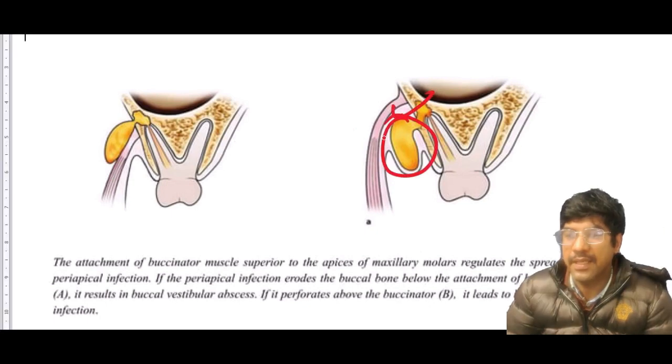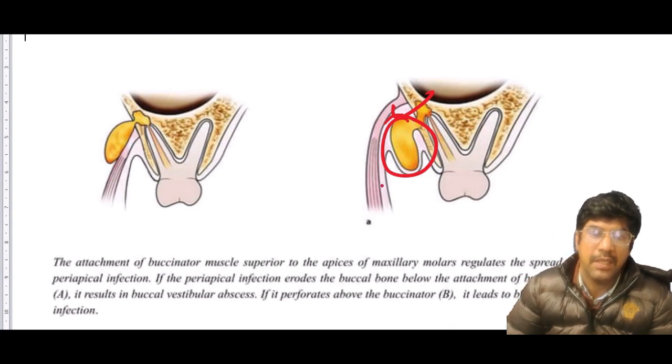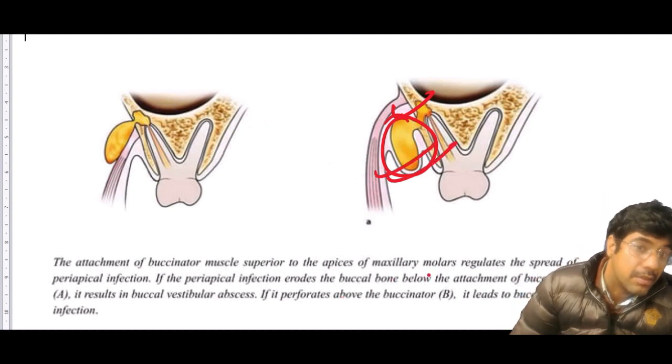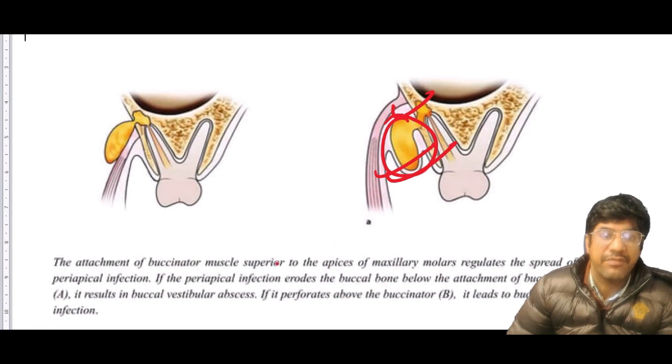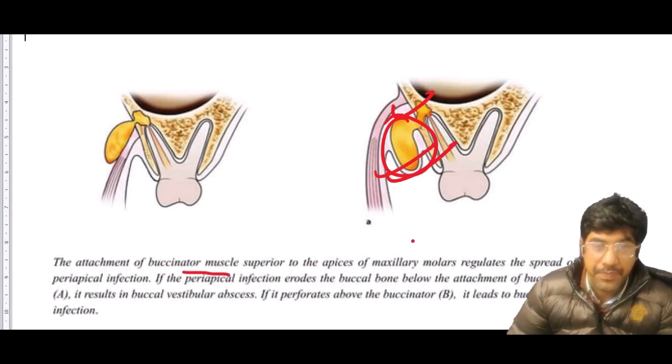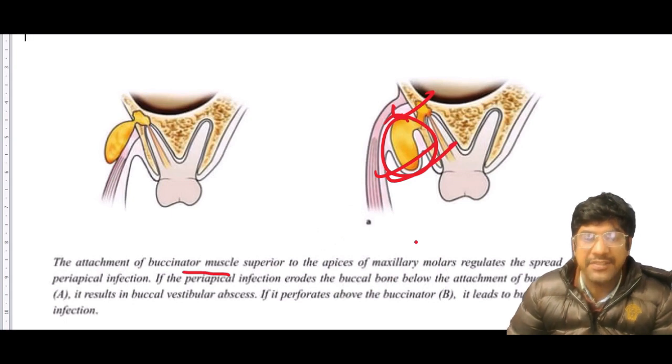Infection may spread either above the region of the buccinator muscle, allowing entry into the superficial facial compartment, or less commonly into the buccal sulcus. The attachment of the buccinator superior to the apices of maxillary molars regulates the spread of periapical infection.